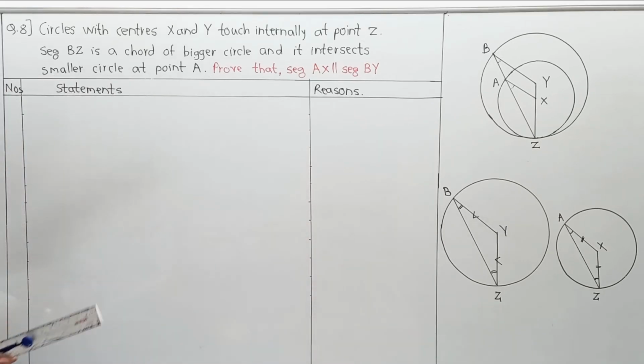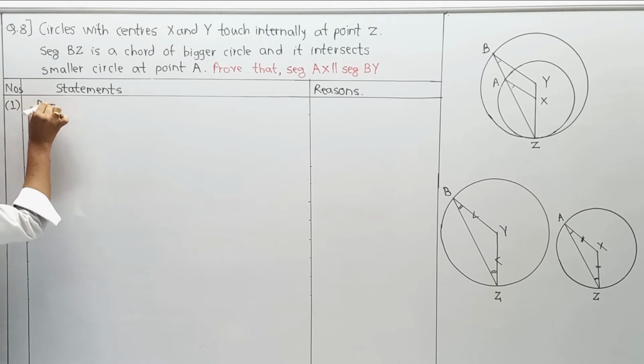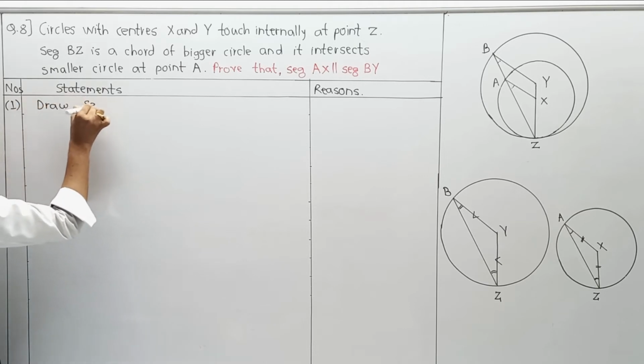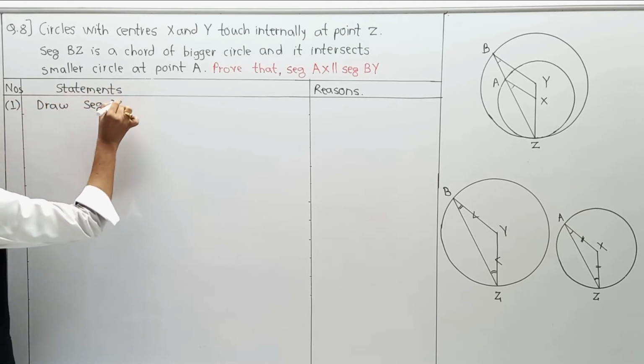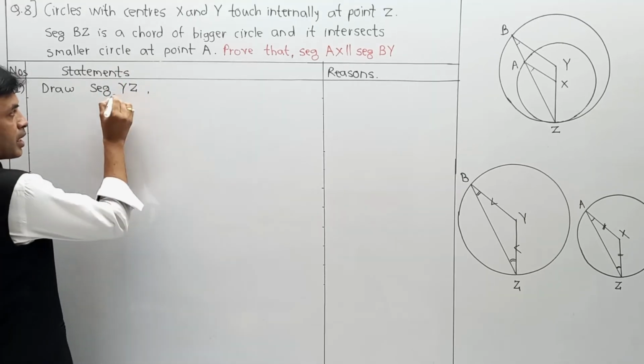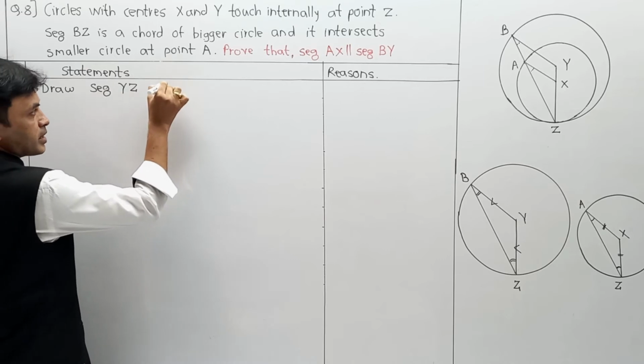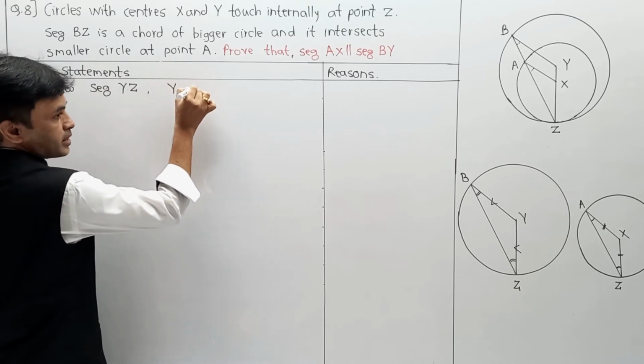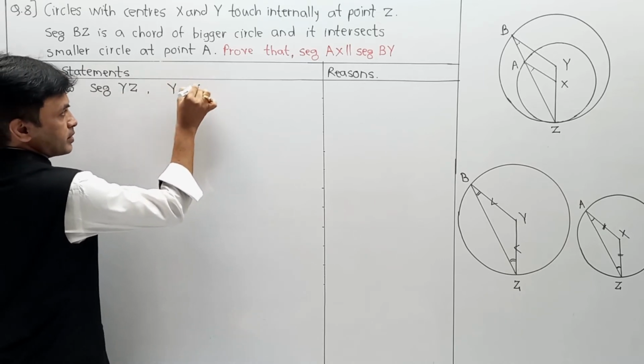Now the part in terms of explanation over here. First, we have drawn one construction, that is nothing but we have drawn a line YZ. So the first part, draw segment YZ and explanation. Draw segment YZ, Y dash X dash Z.